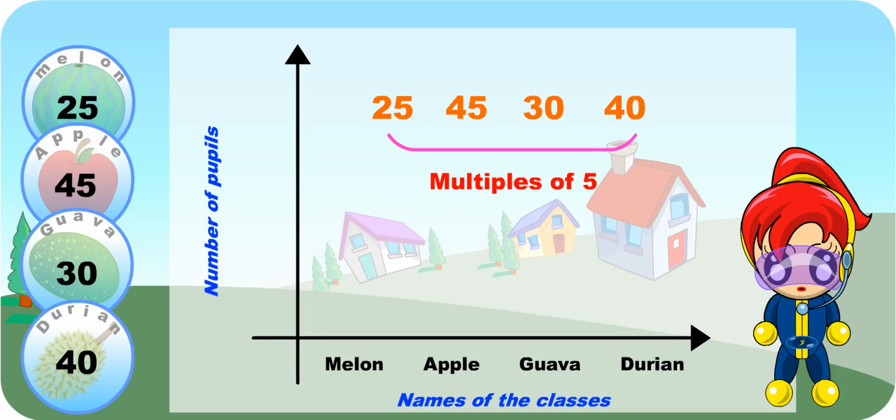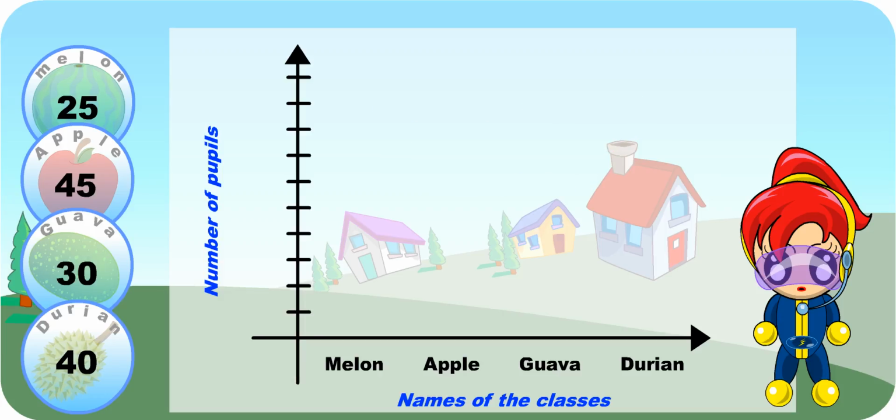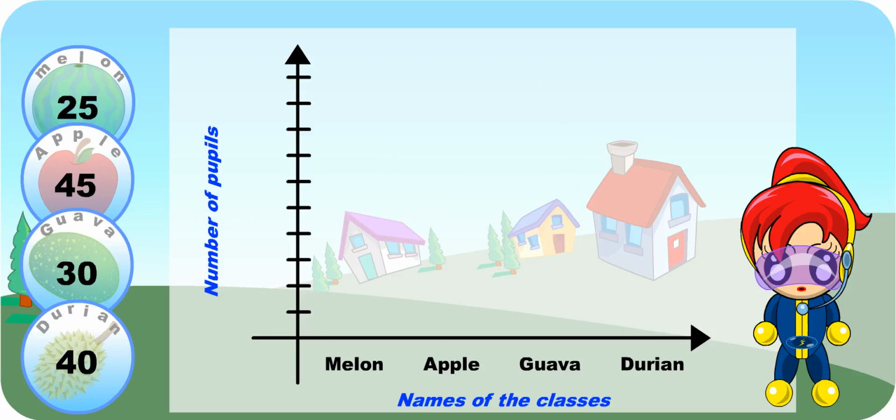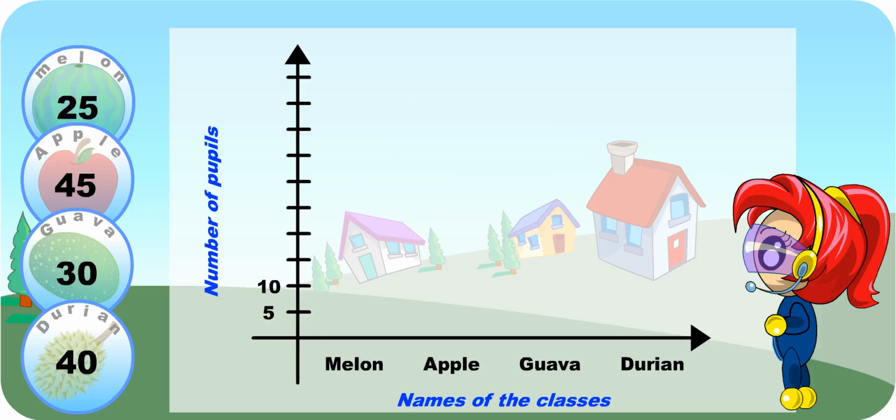So I choose to use the scale of 1 unit for every 5. Each division on the vertical axis stands for 5 pupils. Then I write down the numbers 5, 10, 15, 20, 25, 30, 35, 40, 45, and 50.